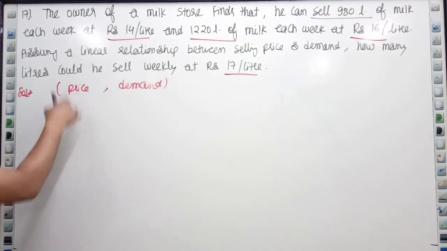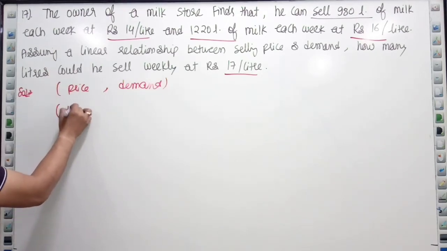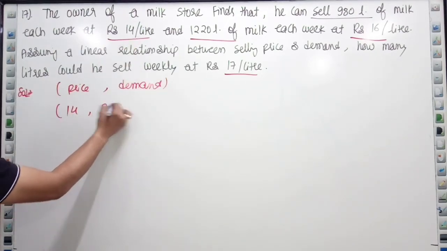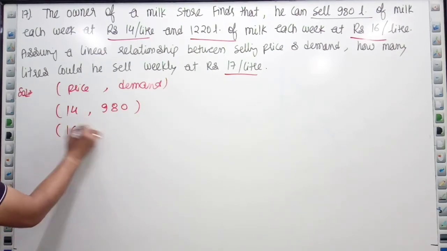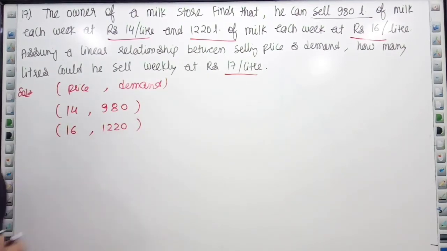So the first price is 14, demand is 980 liters. Second, price is 16, demand is 1220 liters, right?